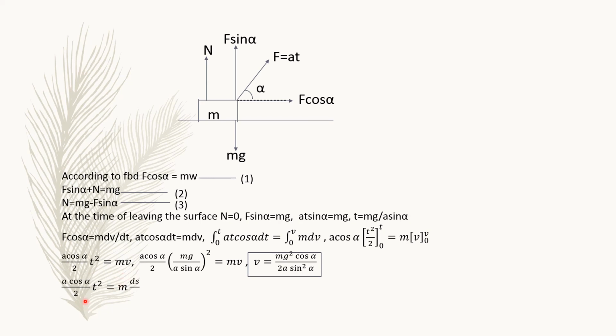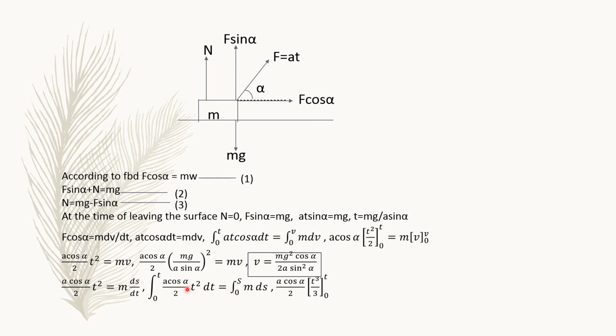Taking the dt term to this side, a cos alpha divided by 2 into t square dt is equal to m into ds.